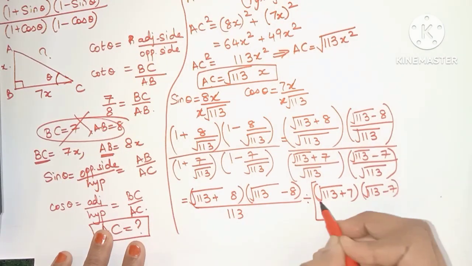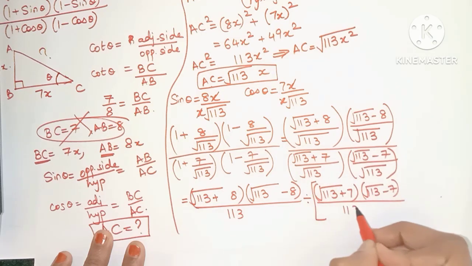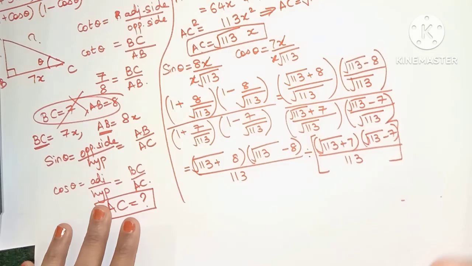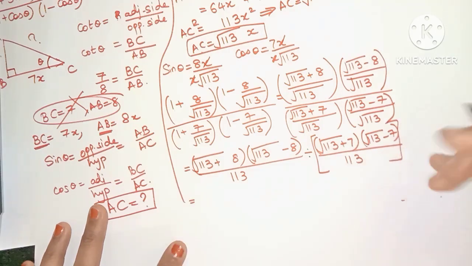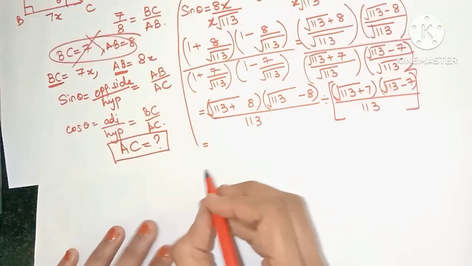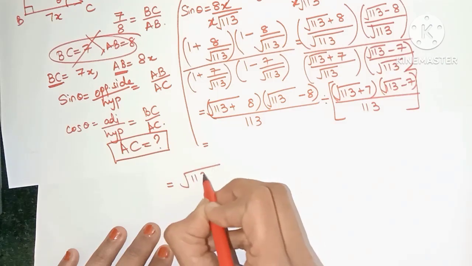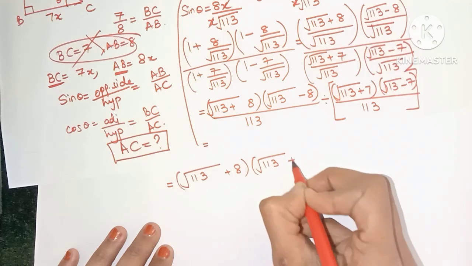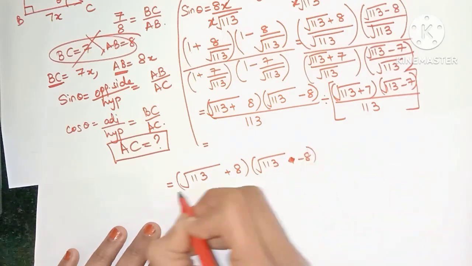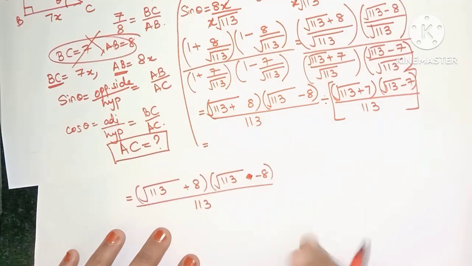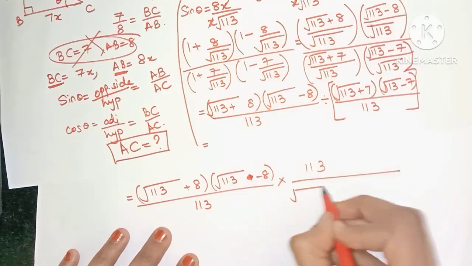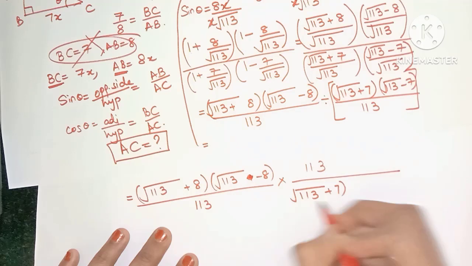And I will get something like this. Again, the same story over here, I'll get 113. Okay, so till here I hope it's fine. Now what we need to do is, we can take the reciprocal, friends. So I will get 113 plus 8 into square root of 113 minus 8 divided by 113. When I reciprocate, 113 comes to the numerator, and in the denominator, this is what I get.